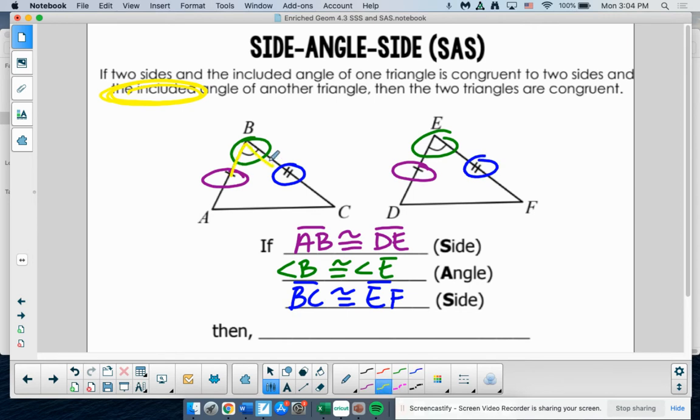You guys see how this angle is between my two congruent sides? It's the included angle. So we could say that triangle ABC is congruent, now we got to match. A matches D, B matches E, and C matches F by side, angle, side.